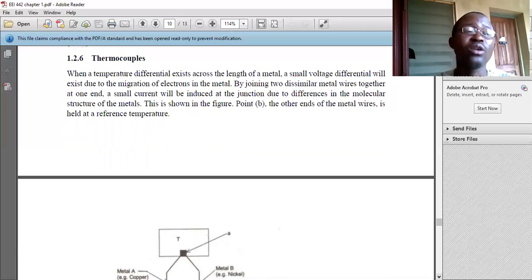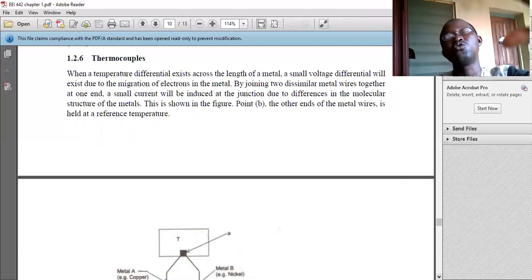Because of the differences in the molecular structure of the material, there will be gradients in the movement of the electrons, and that is what constitutes the EMF generated. Remember, electromotive force can drive a current in a circuit, because there will be a potential gradient between the two ends of the wire, as they are not made of the same materials. That potential gradient causes the generation of EMF.